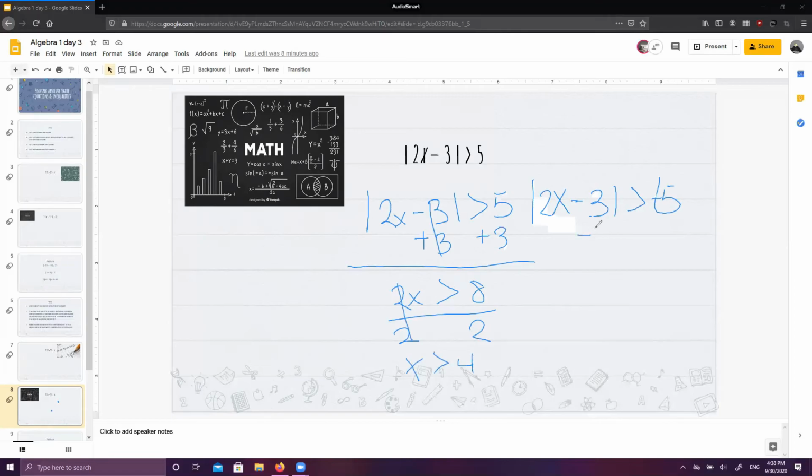You add 3 on both sides, so you'd have 2x is greater than negative 2. Divide both sides by 2, but same thing for the other one, you want to switch the sign, so it'll be x is less than negative 1. Those are your 2 final answers.